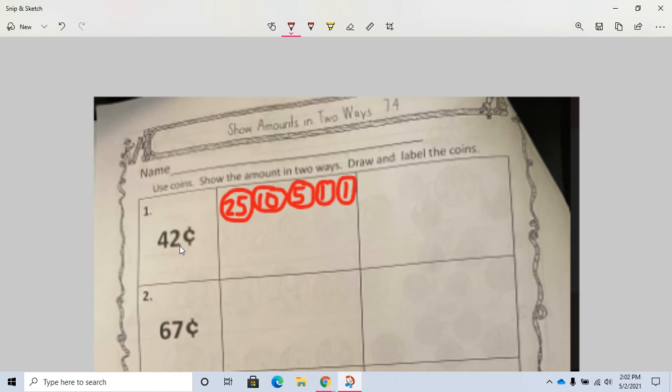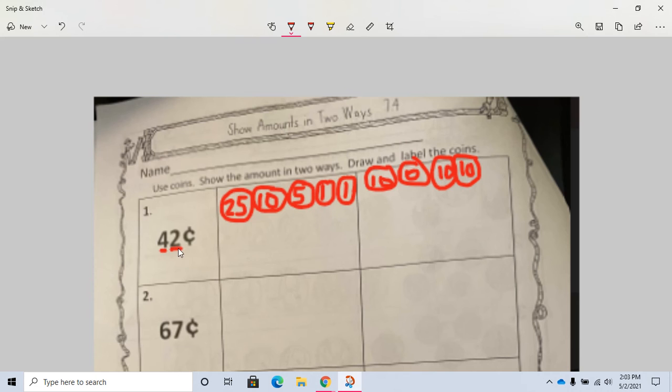Great job. Now remember, the other way I showed you that's easiest is if we look at our tens and we look at our ones. How many tens do we have, friends? 4. So we're going to draw 4 tens. 1, 2, 3, 4.